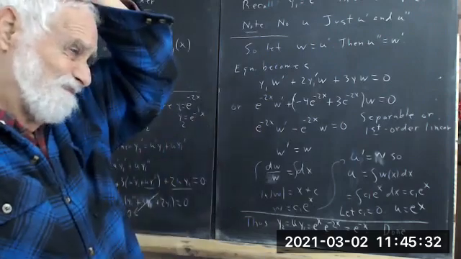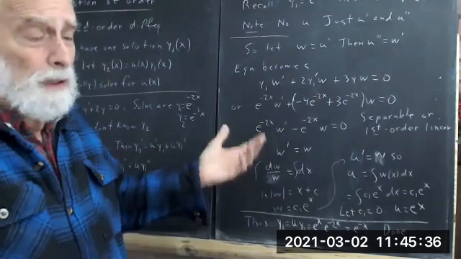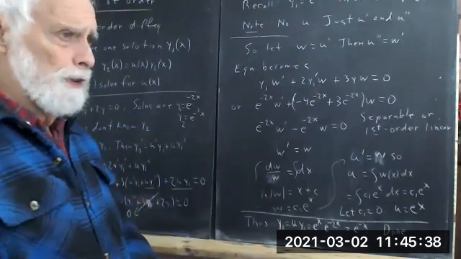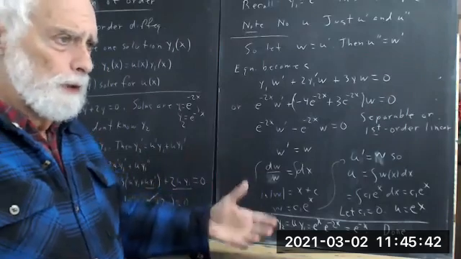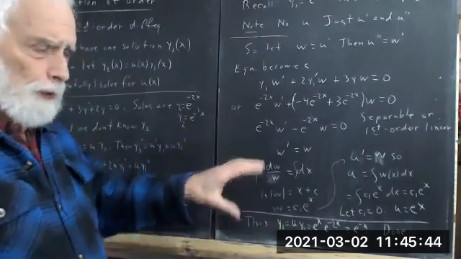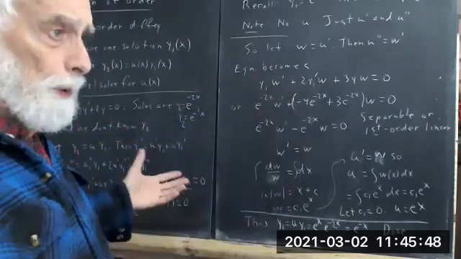Most of the time I'm going to want you to work through the steps, but you also should see how to use the formula because it saves time. But I think you need to understand the steps before you do the formula, because then you understand stuff that comes later with variation of parameters and other stuff much better.